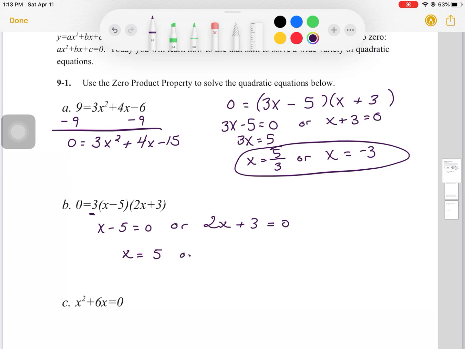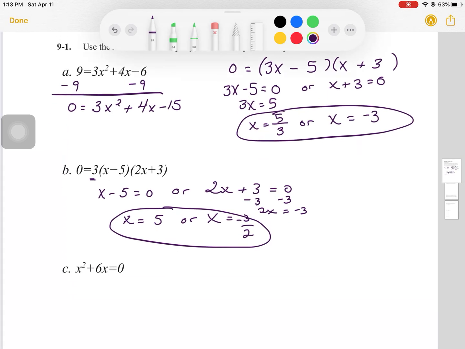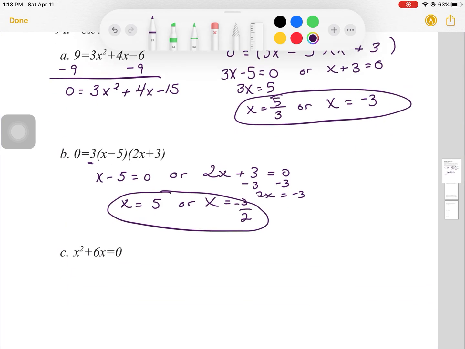So I get x equals 5, or x equals, I would subtract 3 from both sides. I get 2x equals -3, or x equals -3/2. Either one of those numbers are going to make that equation equal to 0.